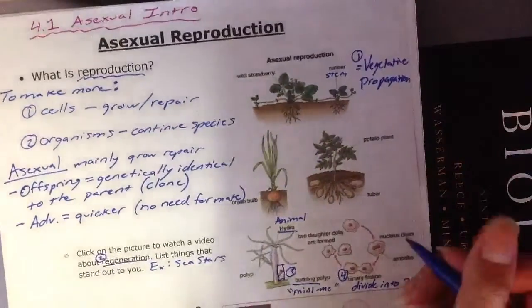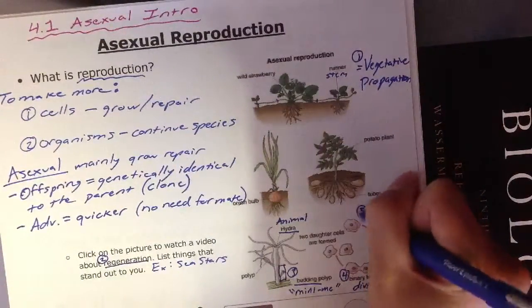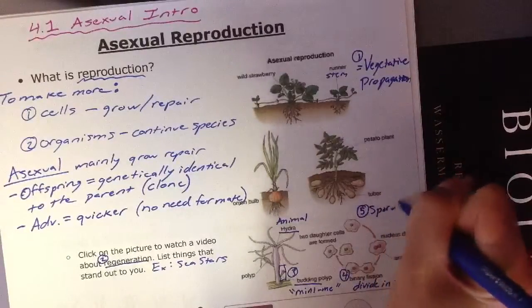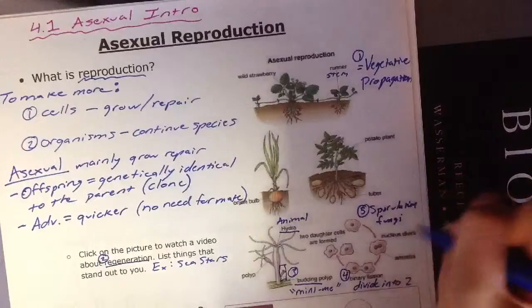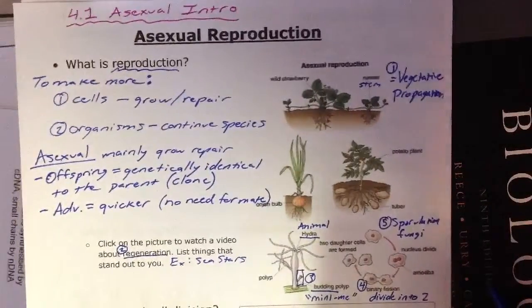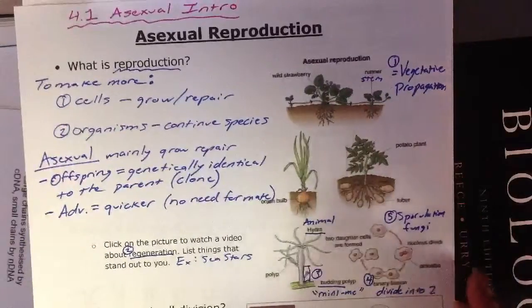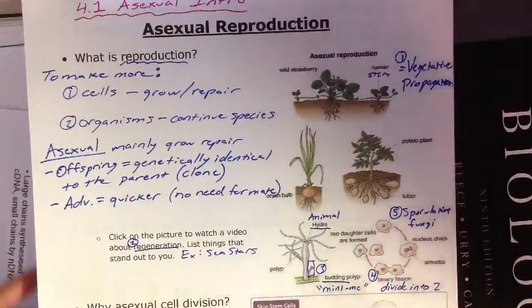And then a final example, and I don't have a picture of this for you guys, would be sporulation. Sporulation will happen in fungi, where little spores are produced, that little dusty powder if you kick over a mushroom. These are actually going to be able to form a brand new identical organism.